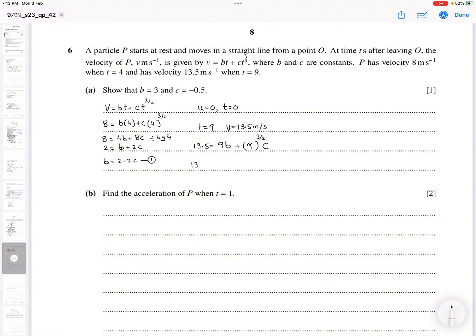Simplify this. 13.5 is equal to 9b plus 27c. Now substitute the value of b from equation 1 here in b. So you get 13.5 equals 9 into 2 minus 2c plus 27c.